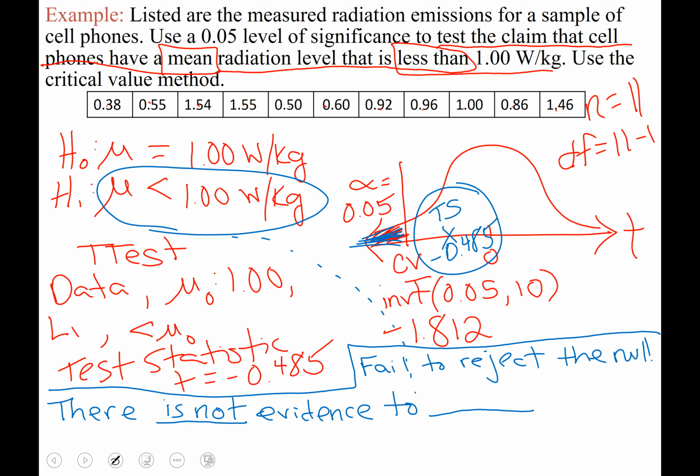If the original claim contained equality, like this, this, or this, we would say the word "reject." If our original claim does not contain equality, so this, or this, we say the word "support." Our original claim was strictly less than. That means it does not contain equality. It doesn't say less than or equal to, and therefore we write the word "support."